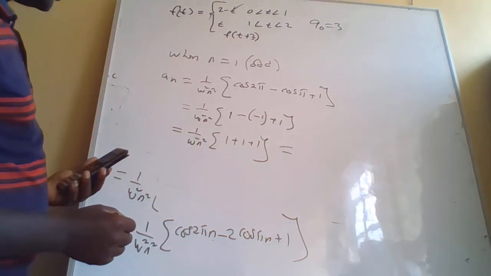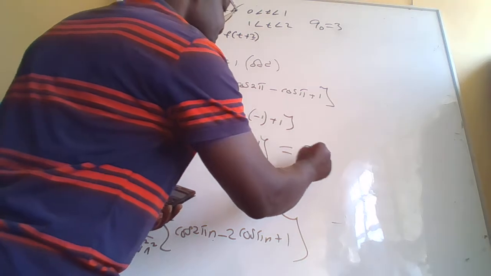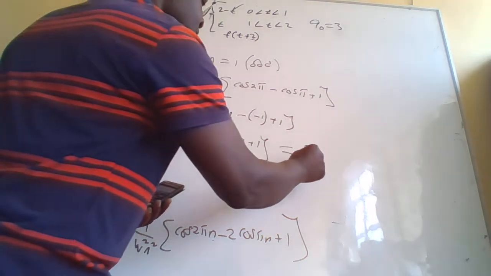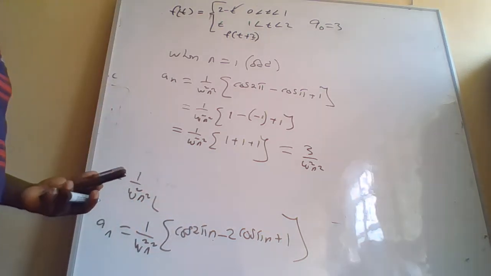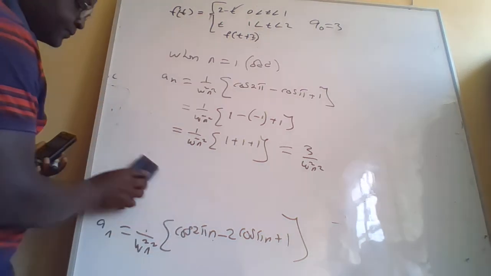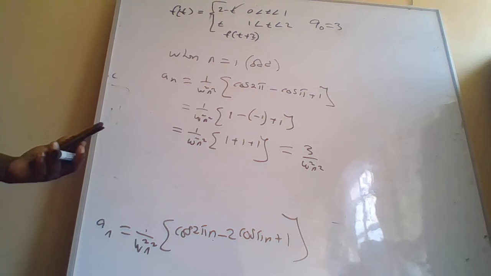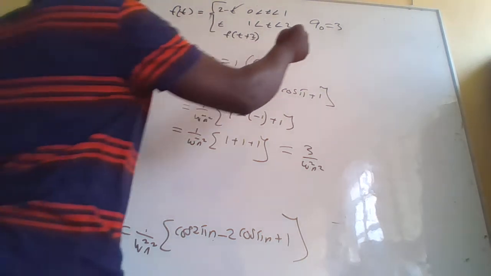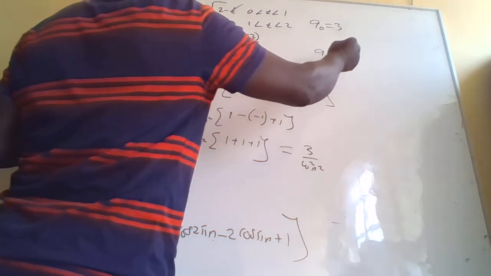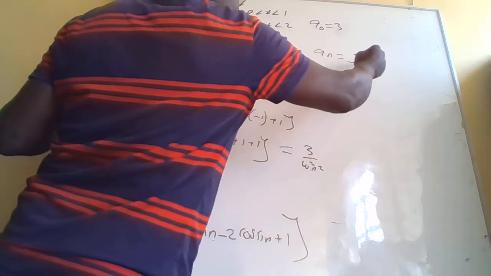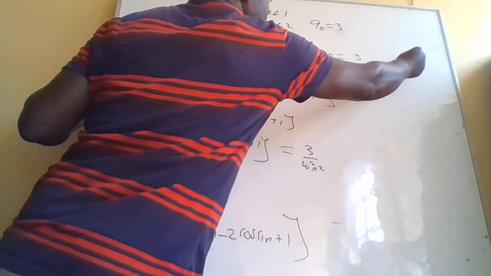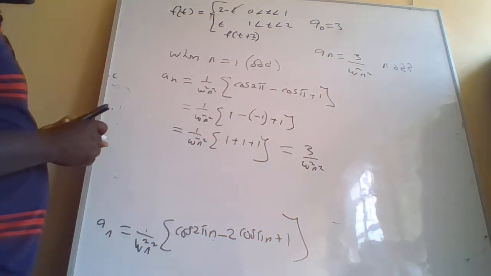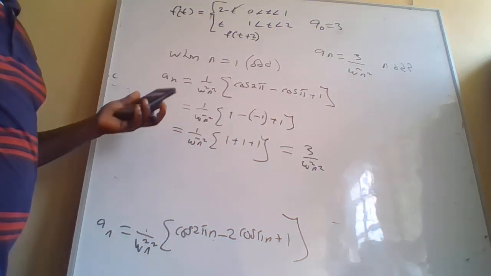This equals 3 over omega squared n squared. So when n is odd, our an is given by that.